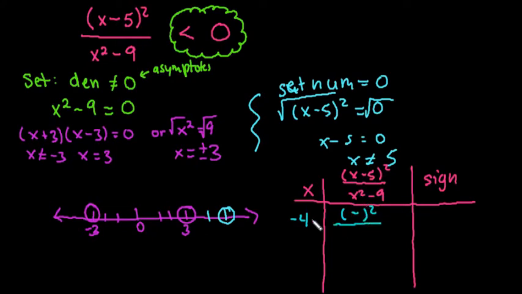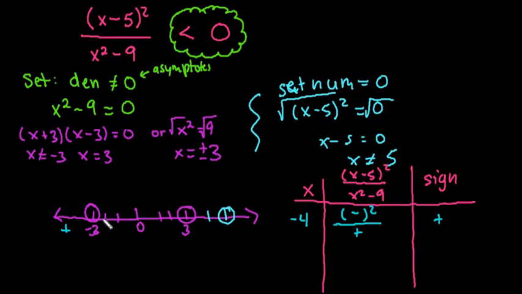In the denominator, negative 4 squared would be positive 16, and 16 minus 9 gives me a positive. Since I have a positive divided by a positive, we end up with a positive, because a negative squared is really just a positive. So that's not part of my solution, because we're looking for values that are less than 0.